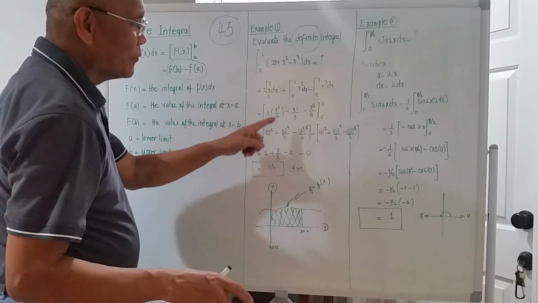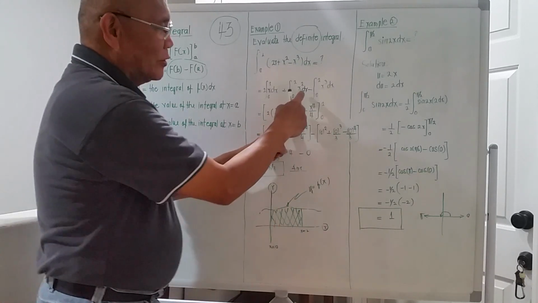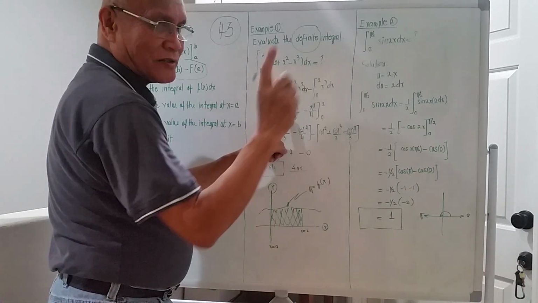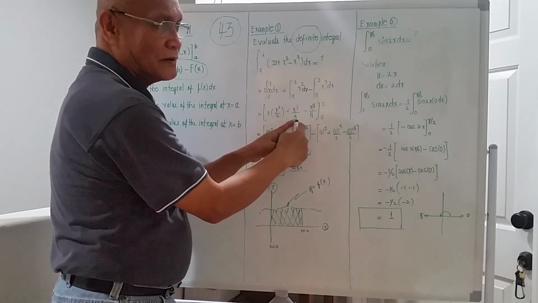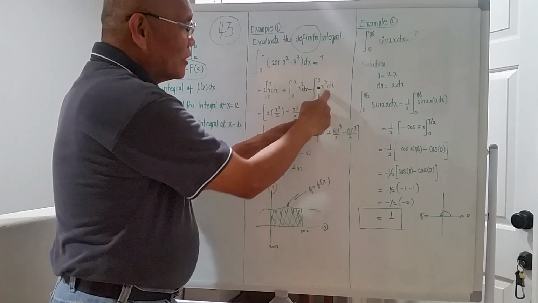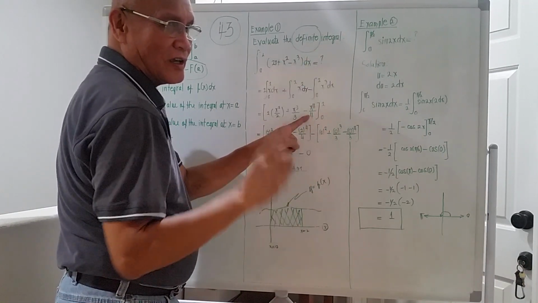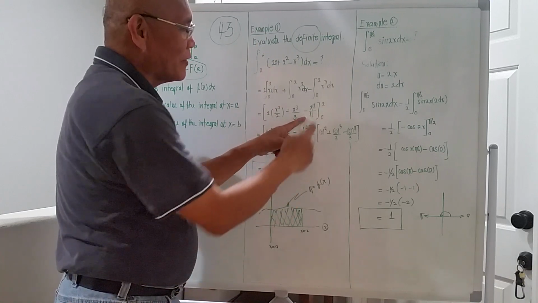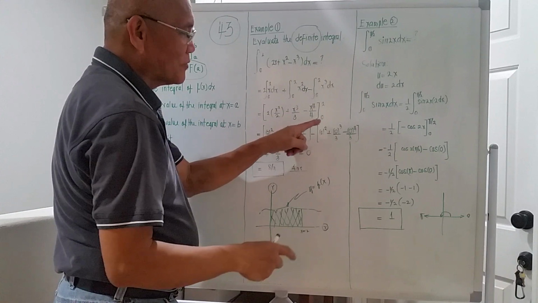So the integral will be x squared over 2. Second one, u is x, du is dx, it is exact. Power formula also. So it will be x cubed over 3. Third one, u is x, du is dx, it is exact. It is also the power formula. So this will be x to the fourth over 4, close bracket, with the limit from 0 to 2.